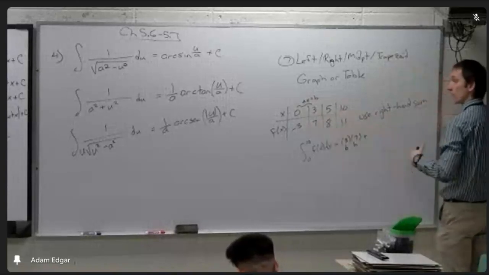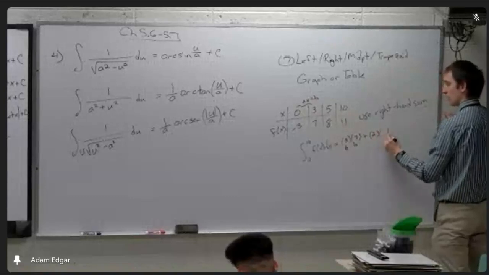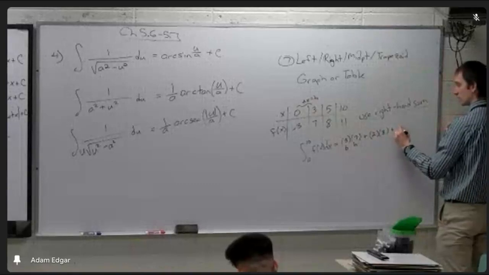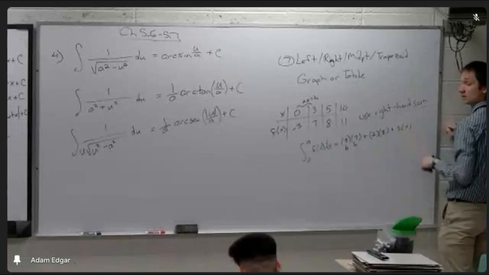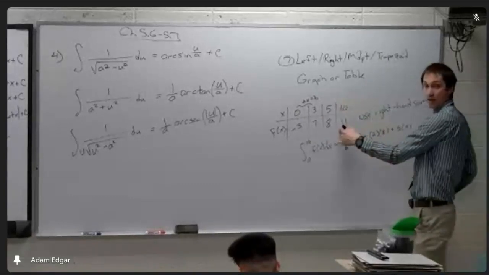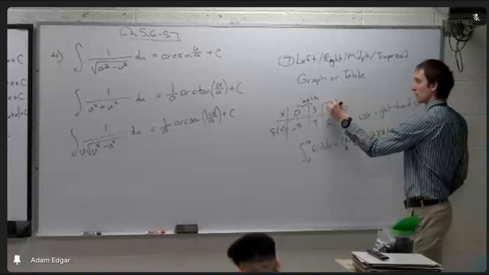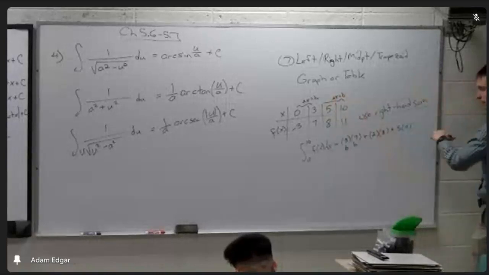So for the next rectangle, what's the base? 2, and the height is 8, and then the next one, the width is 5, and the height is 11. So the y value is the height, the base is the delta x. Then you just multiply and add those up.